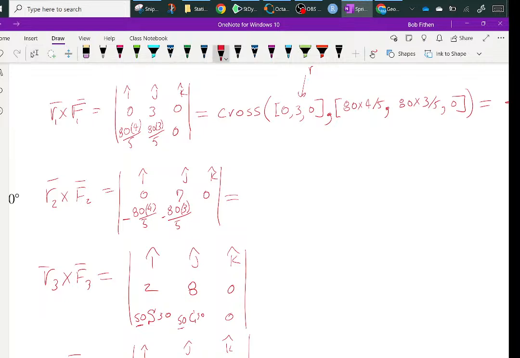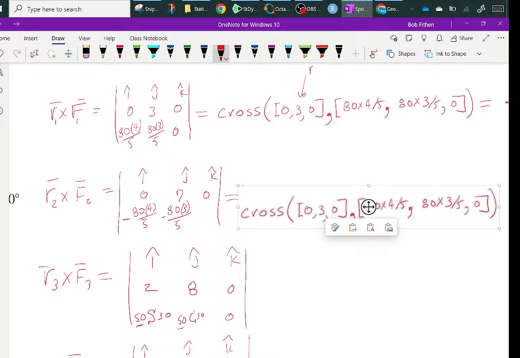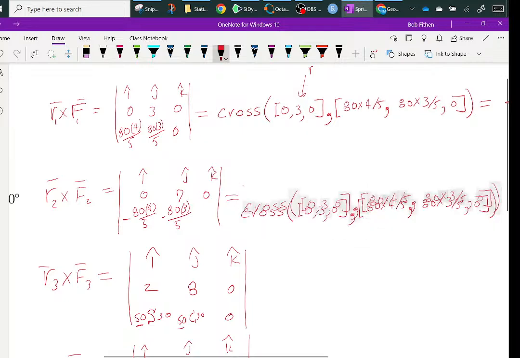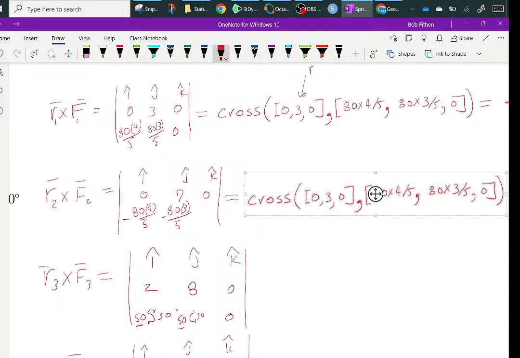So now I can do the same thing and do the second one. This time I'm not going out 3, I'm going out 7. So I replace that with 7. And this time the values are the same, but they're opposite signs.